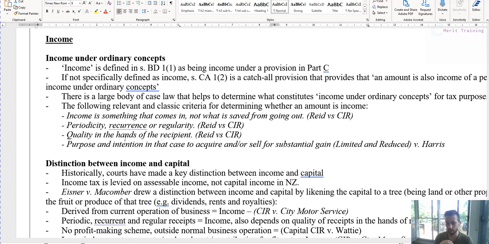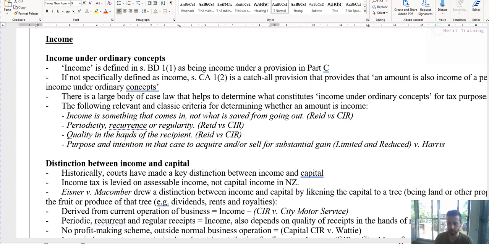So a lot of companies would go to court and say, this money that I've received isn't income, it's capital. And there are a lot of grey areas, as you'll see shortly. If they could argue that successfully, they didn't pay any tax on it. But if the court said that's income, then they've got to pay 30% tax on it or whatever it is. So it's a big money difference that we're talking about.